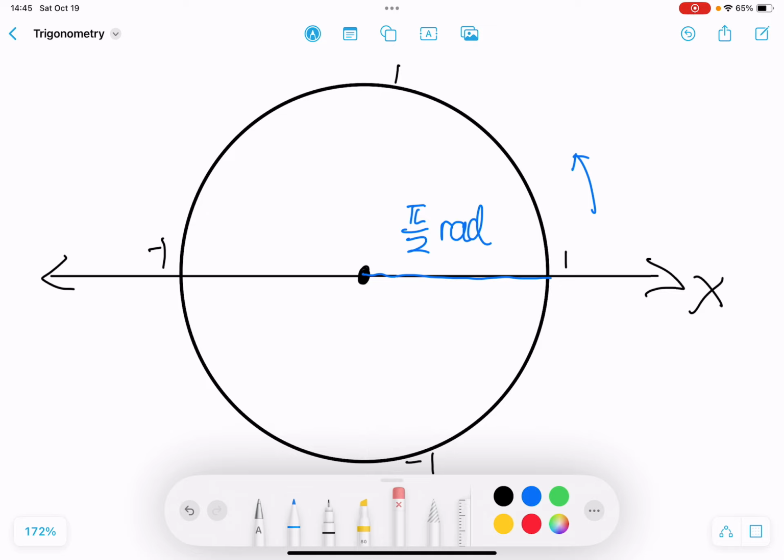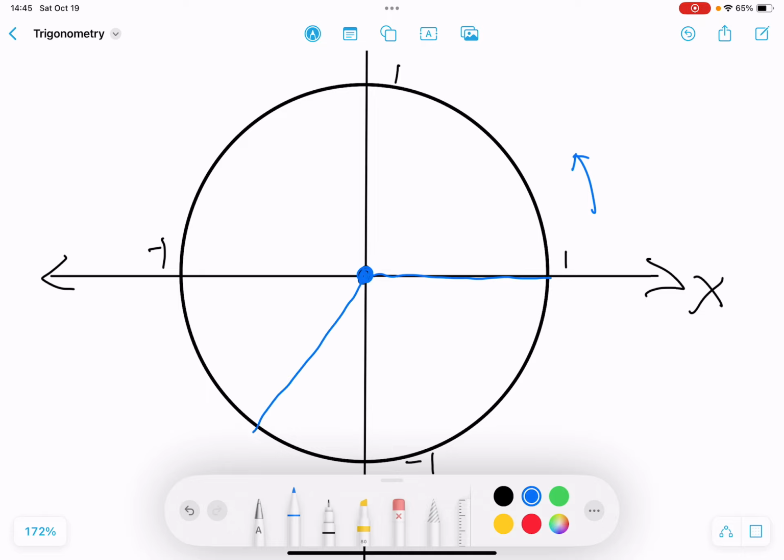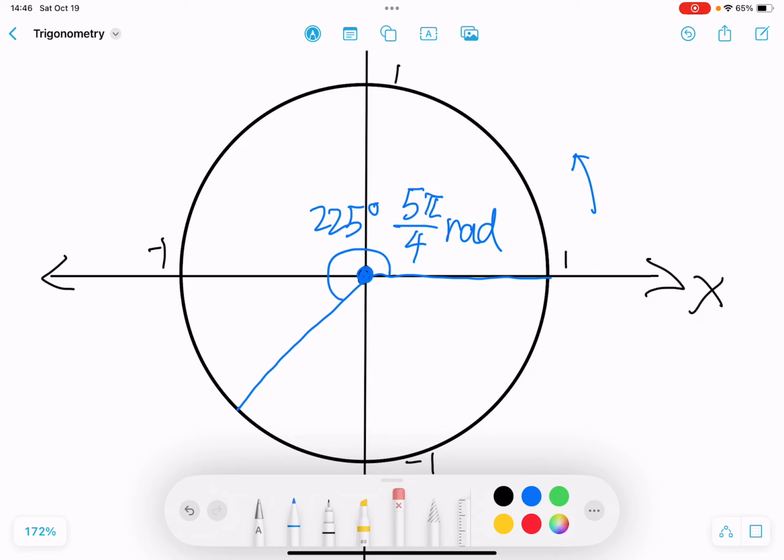And if you rotate it via the center for like this much, you can say that this angle is around 225 degrees, right? Or it's around 5 pi over 4 radians. So yeah, that's how we use a unit circle.